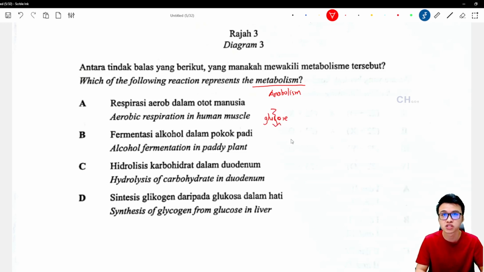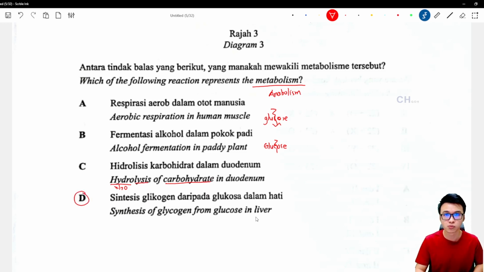We call it the oxidation of glucose. Alcohol fermentation in paddy is also breaking down glucose into smaller particles to extract energy. That is called catabolism. Hydrolysis uses water to break down carbohydrates. This is also considered catabolism. So the answer here should be D.